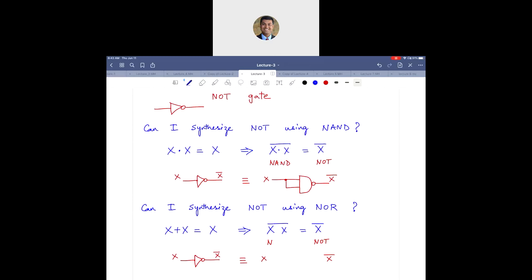X OR X is X, which implies X OR X complement is X complement. On the right, I have NOT. On the left, I have NOR, which means my NOT gate is simply a NOR gate with two inputs, both the inputs tied together.